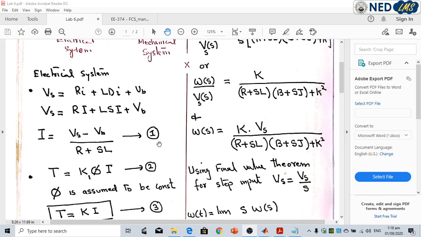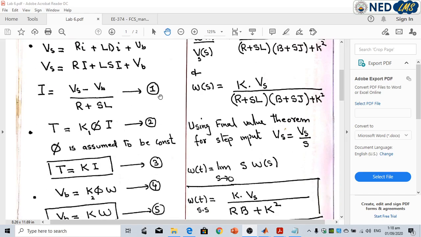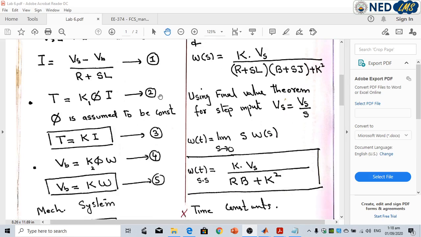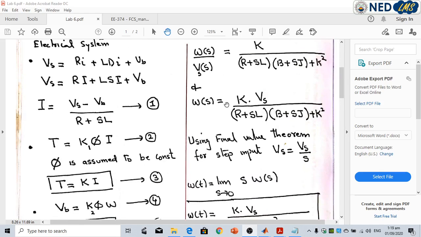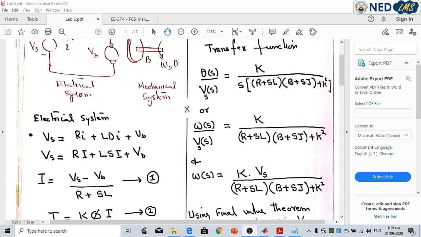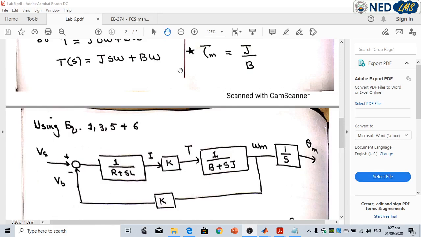Okay, now we have these equations. Equation number 1 will be used for developing the mathematical model. Equation 3, equation number 5, and equation number 6 are the equations which will be used to develop the block diagram of the DC motor.